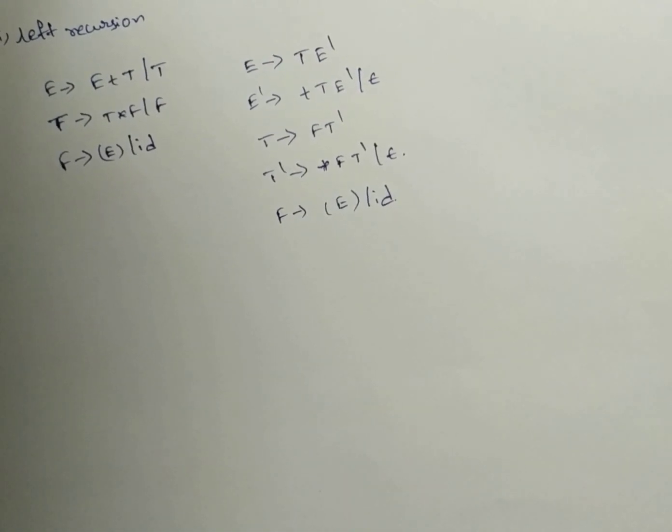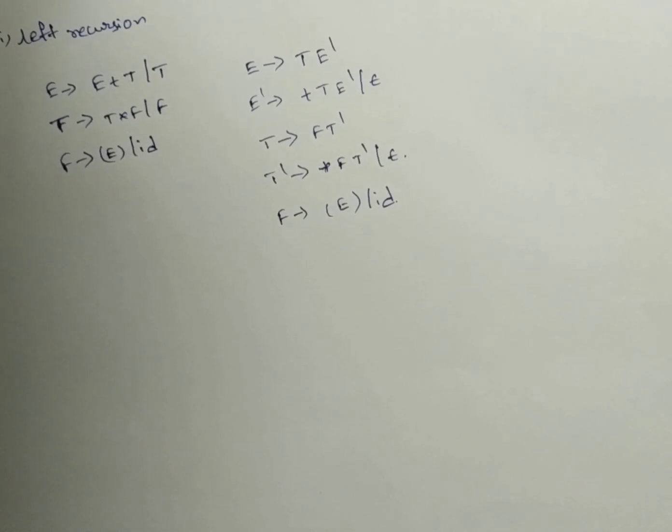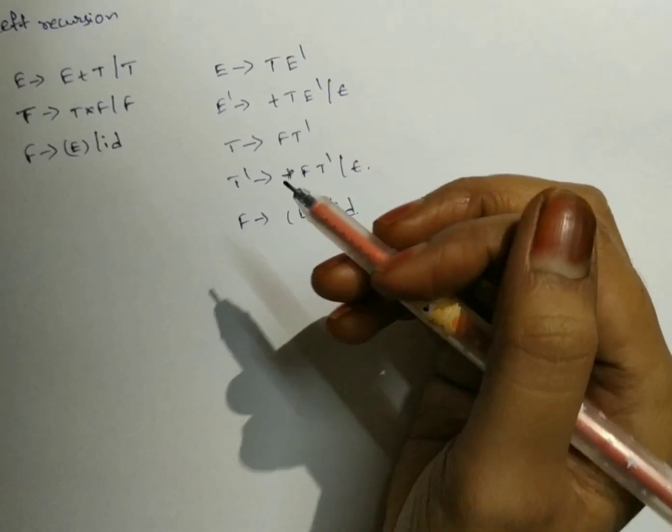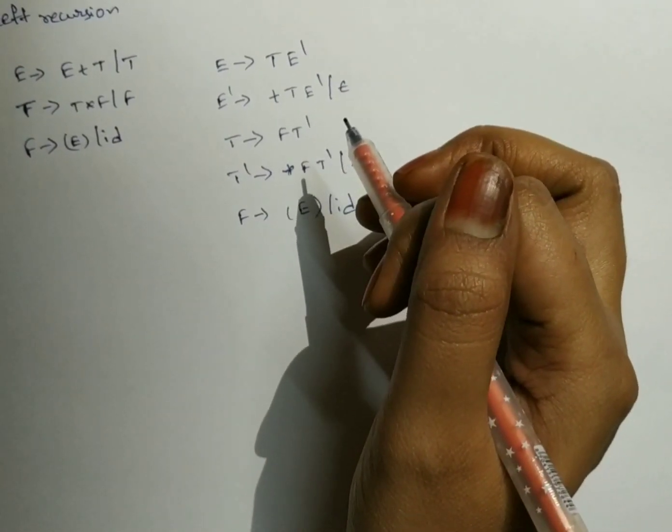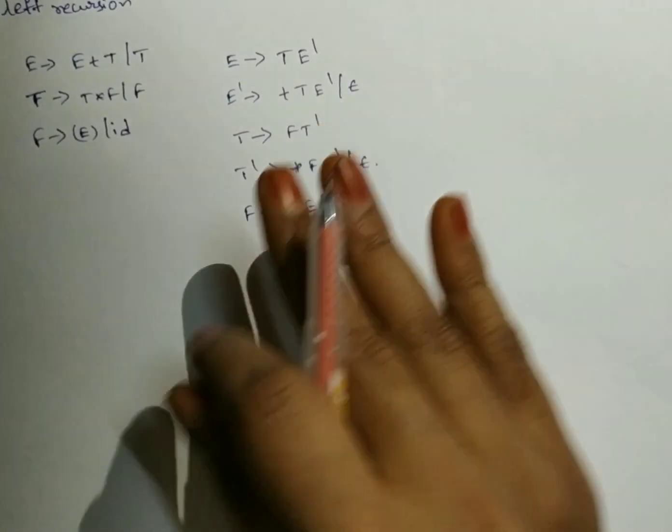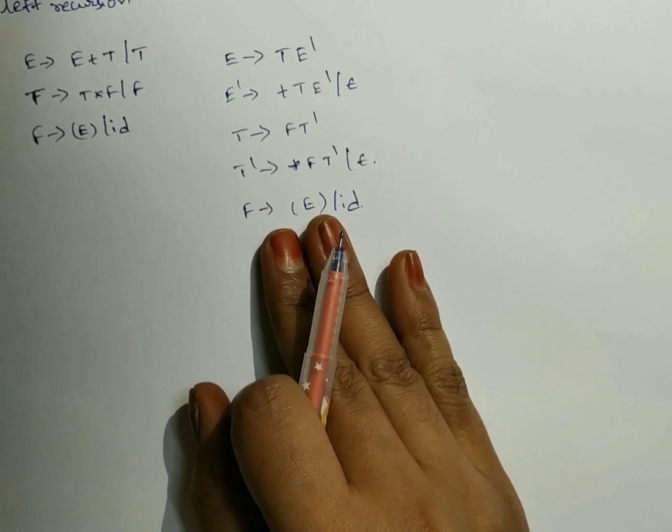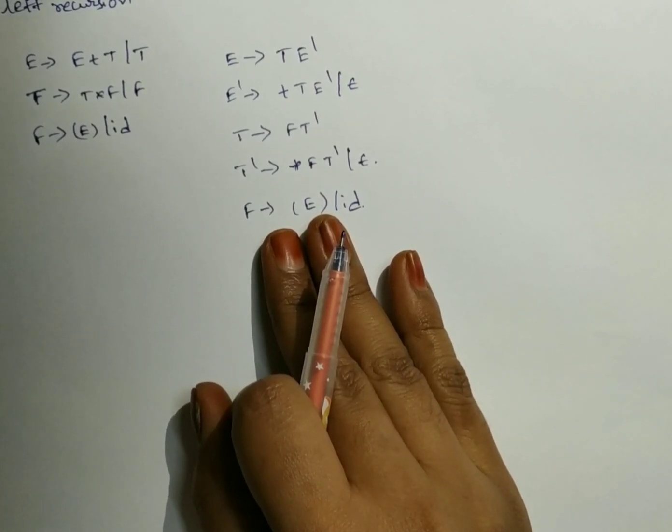So the grammar for which we are finding the first and follow, we also consider whether the grammar is having ambiguity or not. Now by using this grammar I will find out the first and follow, as this grammar is not having the left recursion, left factoring, backtracking or ambiguity conditions.